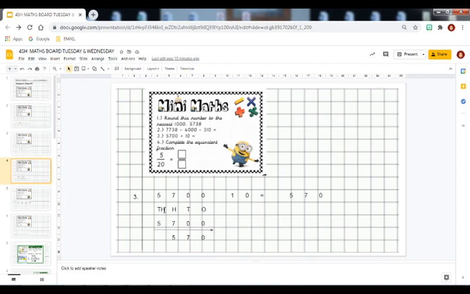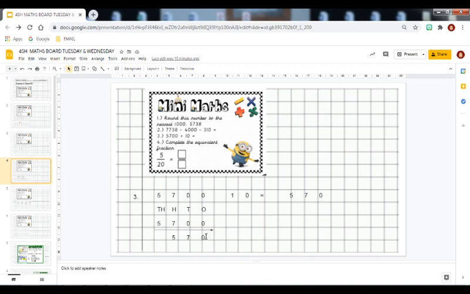Now I know that to divide this number by 10, I need to make it 10 times smaller, and to do that I move every digit one place to the right. Now, if I look at the 0 in the ones column, there's no digit, there's nowhere for it to go. So I'm now going to go into the tens, and I'm going to move the 0 from the tens.